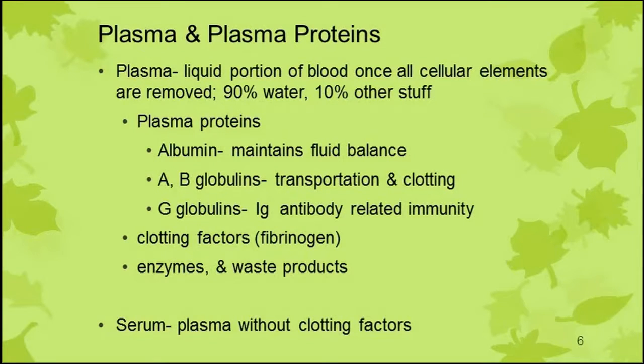Albumin, alpha, beta globulin, gamma globulin, clotting factors, and enzymes and waste, okay? Serum is what we refer to in medicine as plasma without the clotting factors. We don't usually give patients a transfusion of serum, but if you hear that word serum, that's what that means. It's just plasma with no fibrinogen or other clotting factors in it.